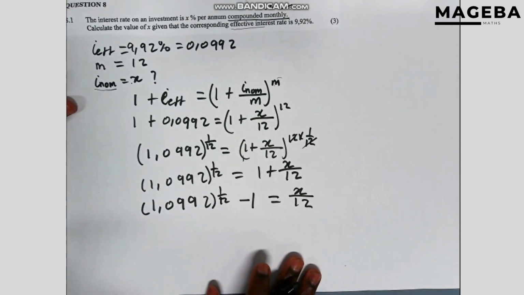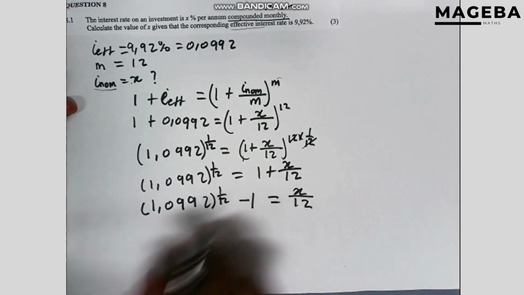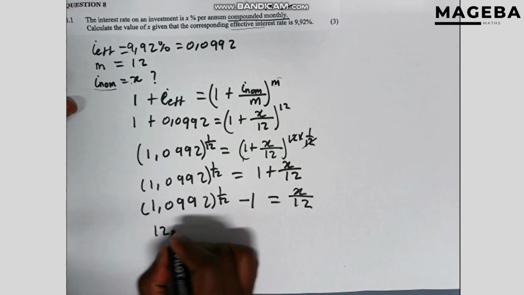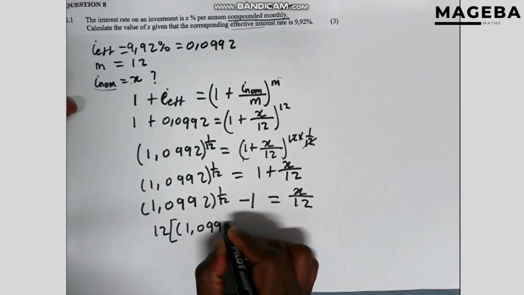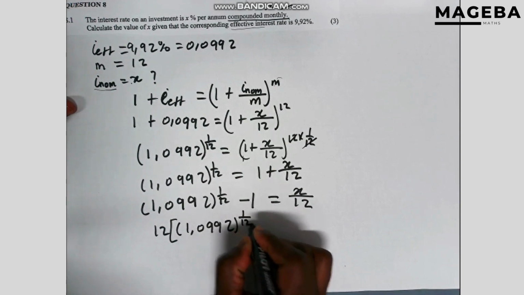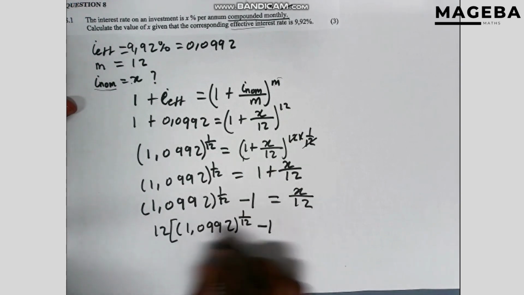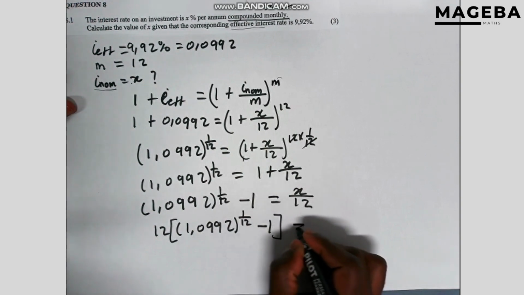And then from here, cross multiply, all these things are going to times this, so it's going to be 12 into the bracket 1.0992 to the power 1 over 12 minus 1. The brackets are very important here.